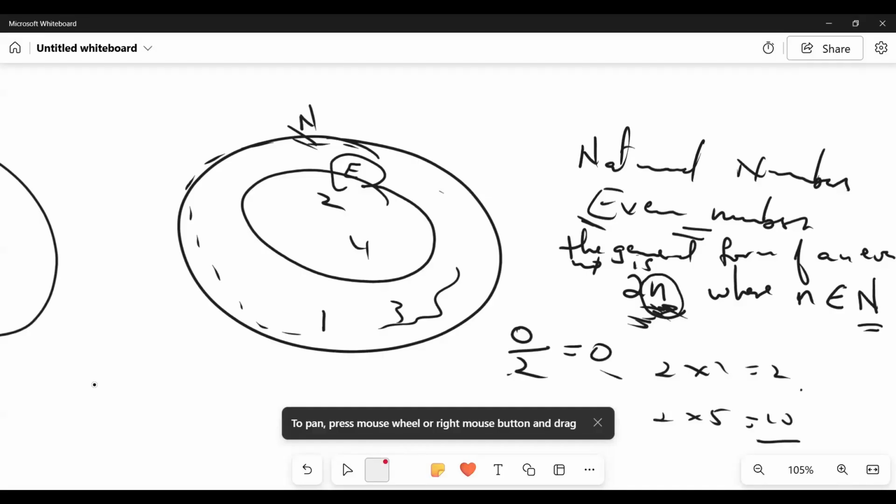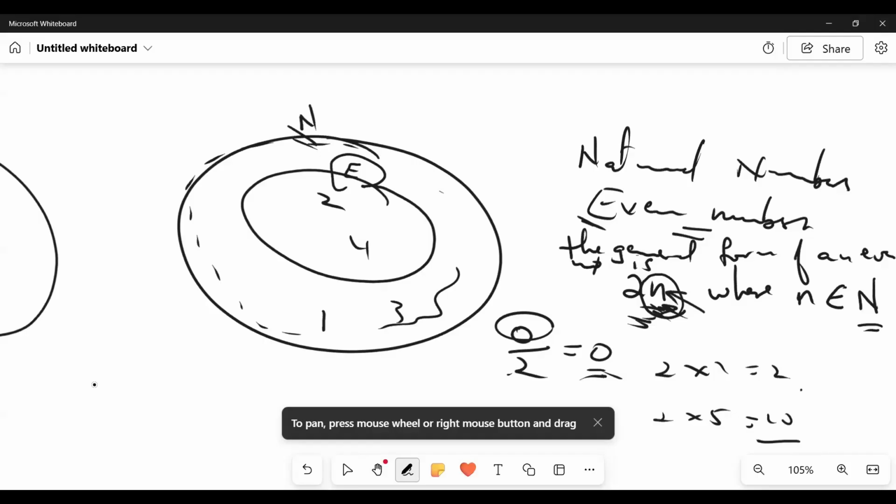You put that in your calculator, and you'll see that it's so. And this will go contrary to the definition because 0 is not an even number.